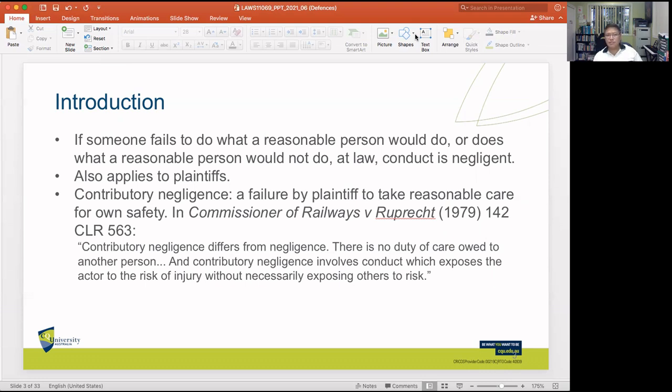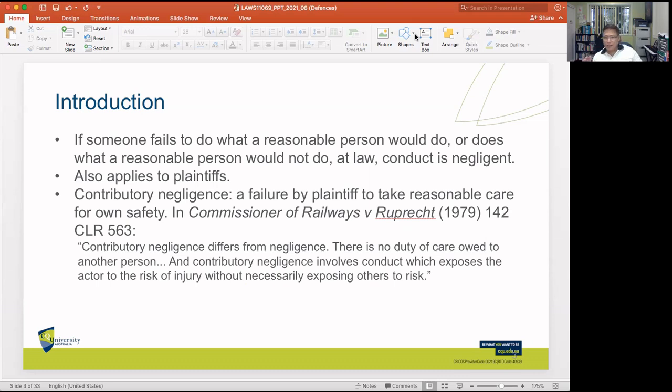So if somebody fails to do what a reasonable person is expected to do or does what a reasonable person would not do, and that action or conduct then leads to harm to a plaintiff, then that particular action or omission would then be considered to be negligence under the common law of torts.